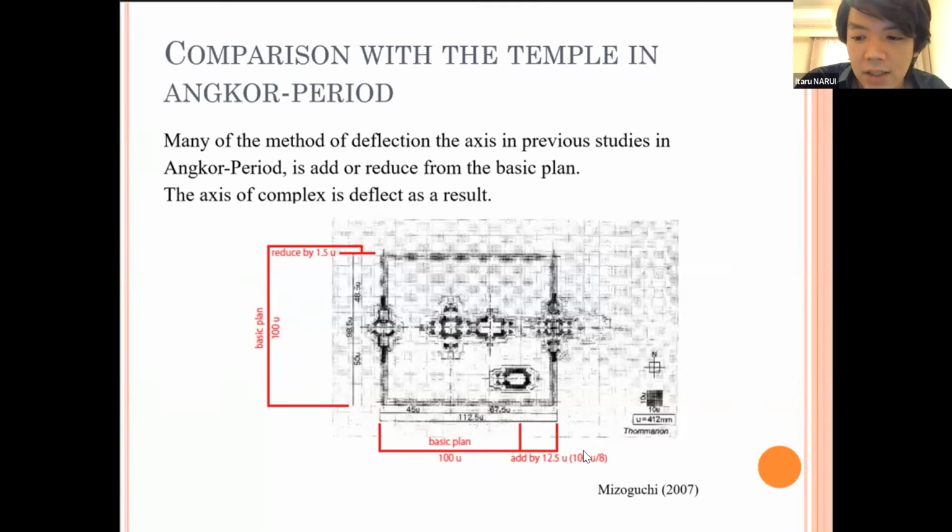And the north and south sides are added by 12.5 units based on the basic plan. The axis of the temple is deflected to the southwest as a result.